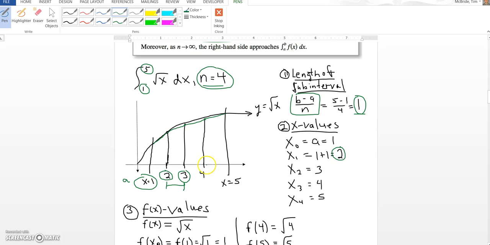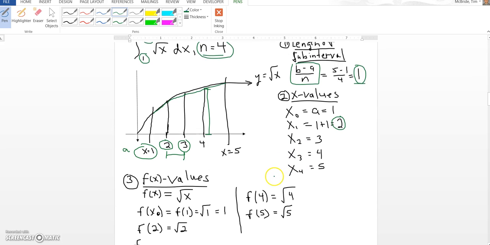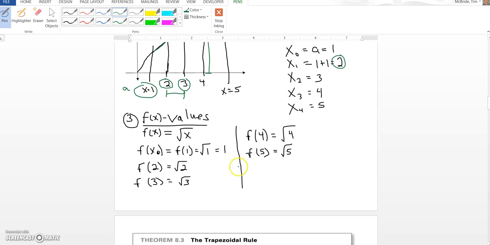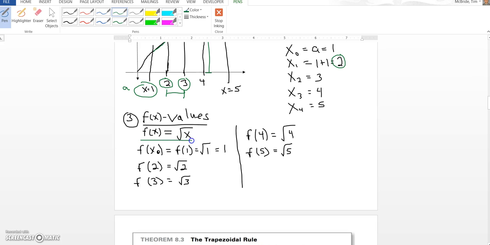But really what we want are these function values, the heights, which in turn are the bases of the trapezoids. So we take each one of these x values and plug it into the function that we're integrating, the square root of x. So plug 1, 2, 3, 4, 5 in.